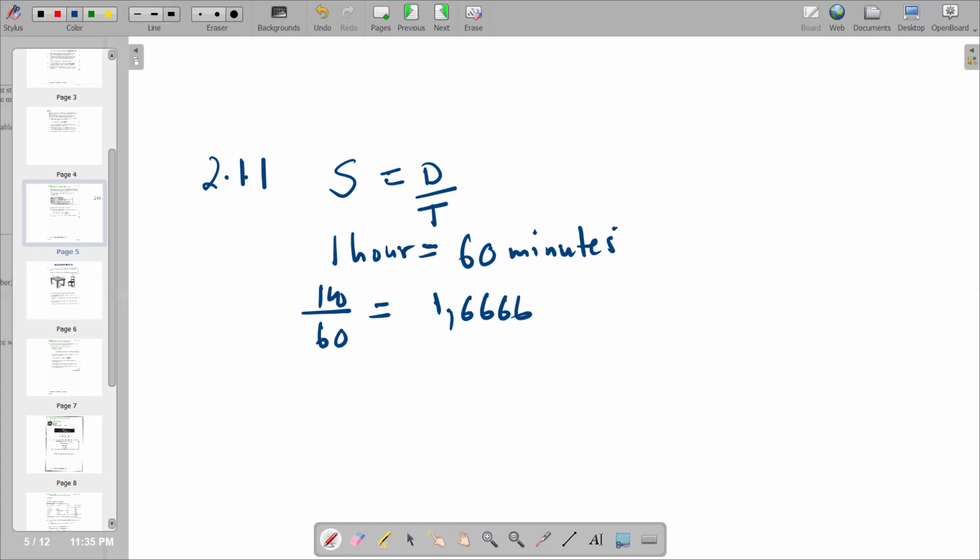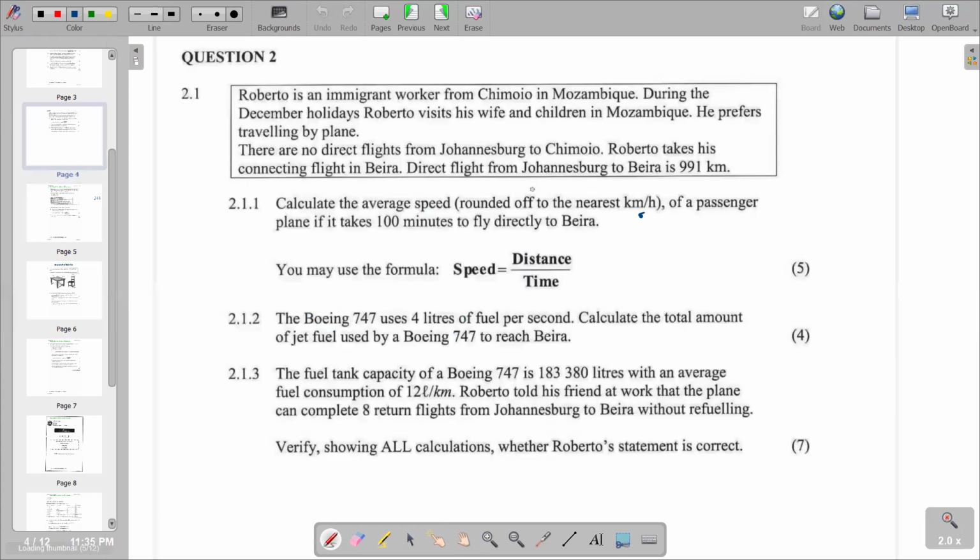So now we have our time, which is going to be our denominator. In terms of our numerator, which is our distance, we refer back and see that the distance we're given is 991 kilometers.